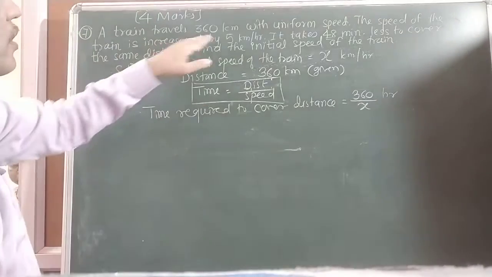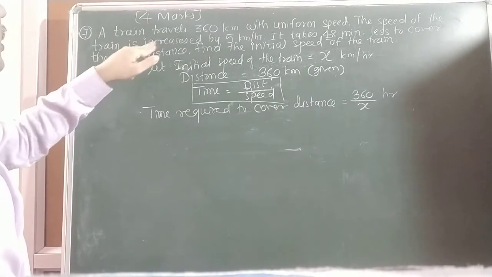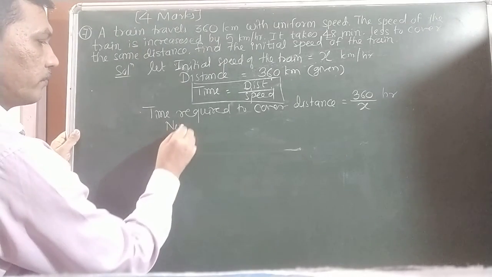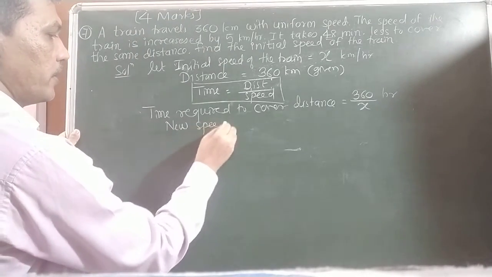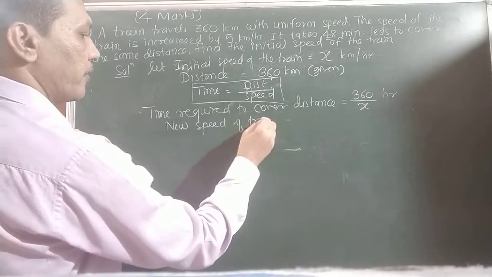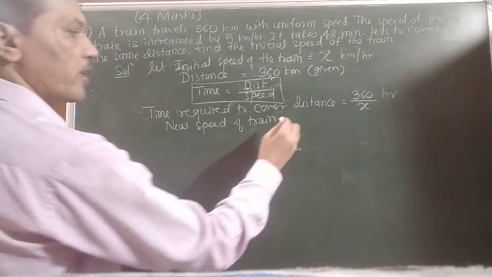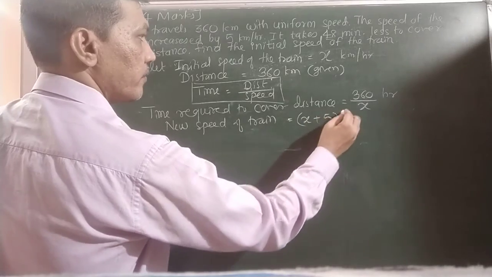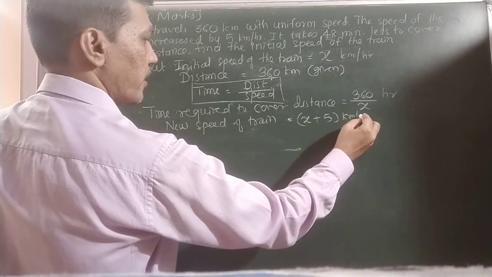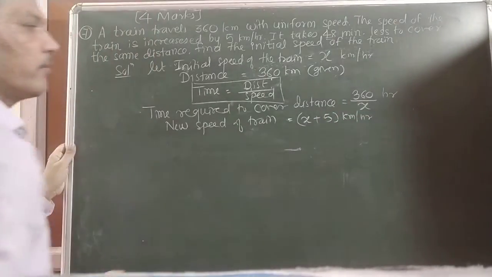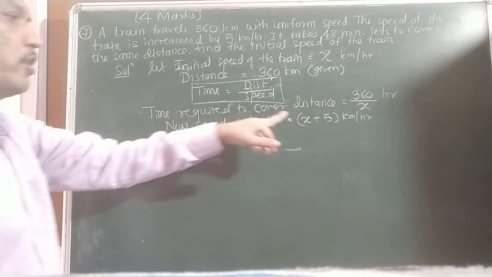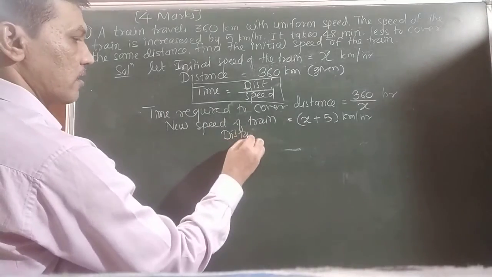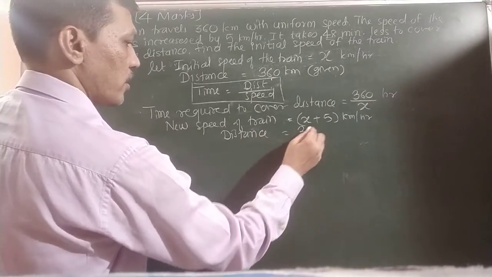Now they say that if the speed of the train is increased by 5, so new speed of train. New speed of train is what? X plus 5. Barabar na? Because they say that it is increased by 5. So new speed of the train is x plus 5. Distance is fixed, that is equal to 360.